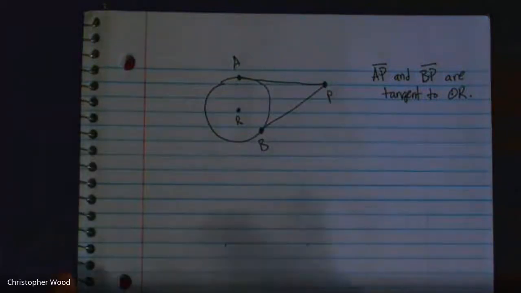So if these are tangent, then they create that 90-degree angle, right? If I were to connect them to the radius, it would be a 90-degree angle here.